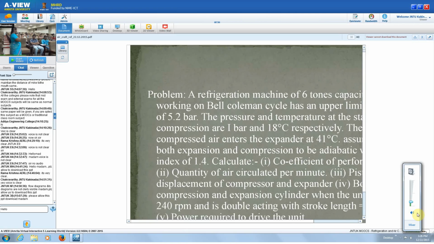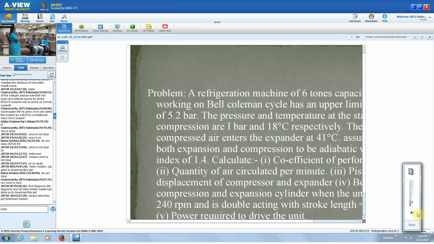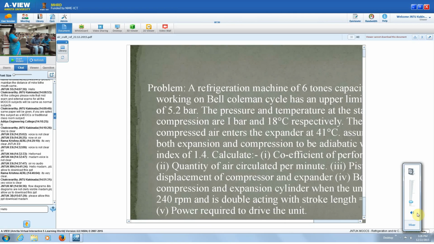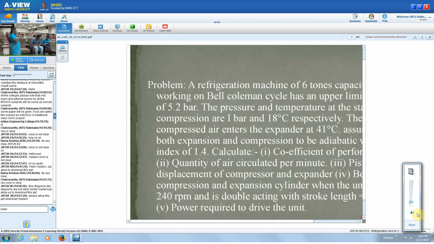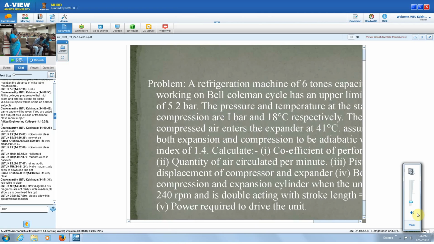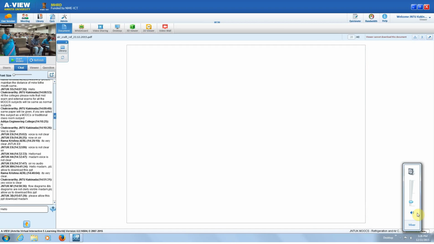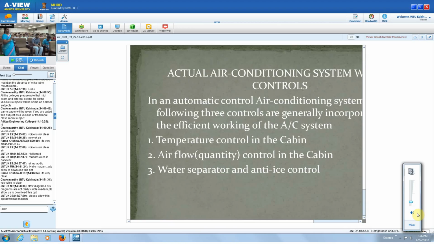Last class I gave one problem on the Bell-Coleman cycle. How many of you attempted that? So what are the answers?